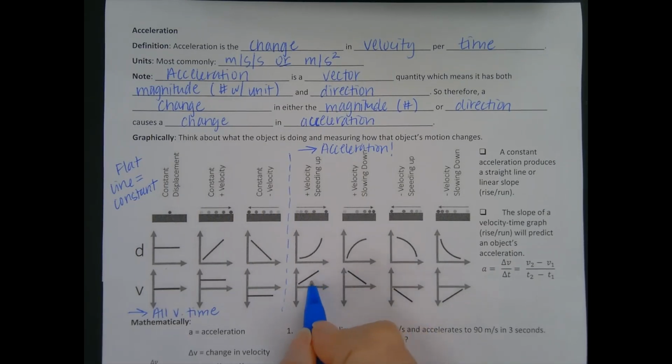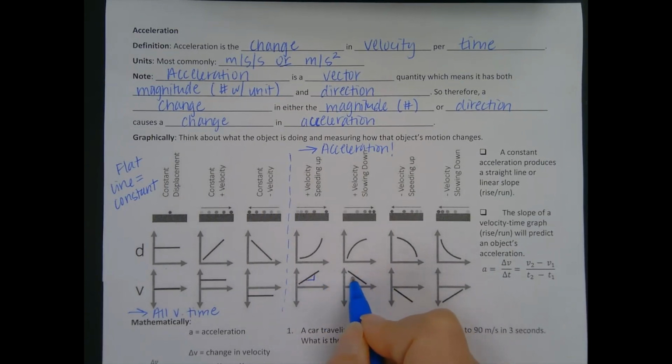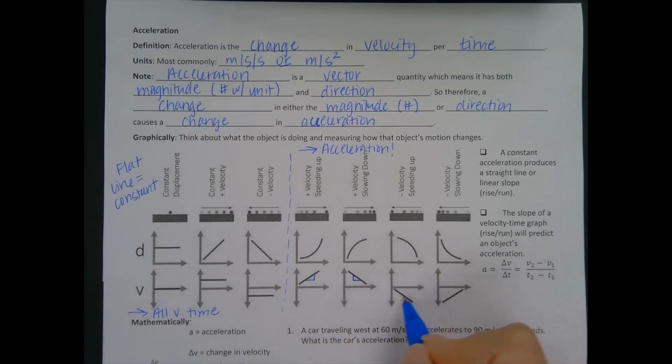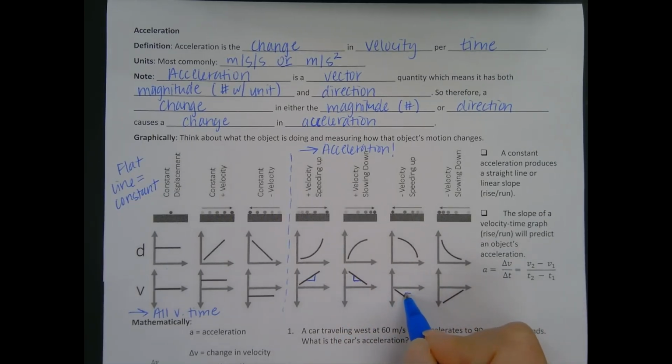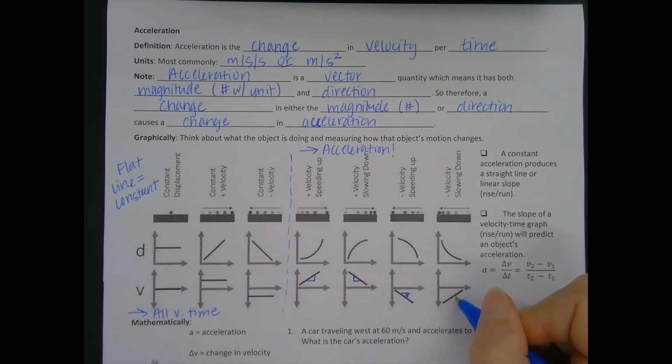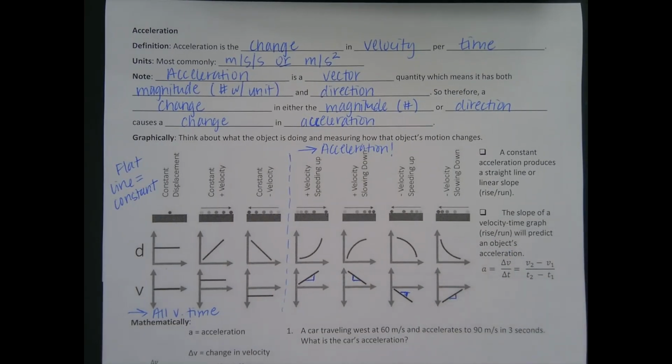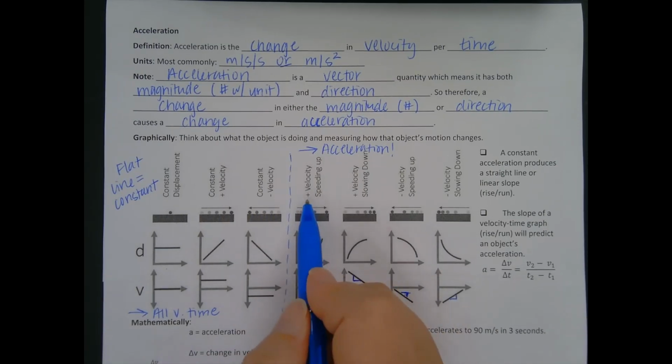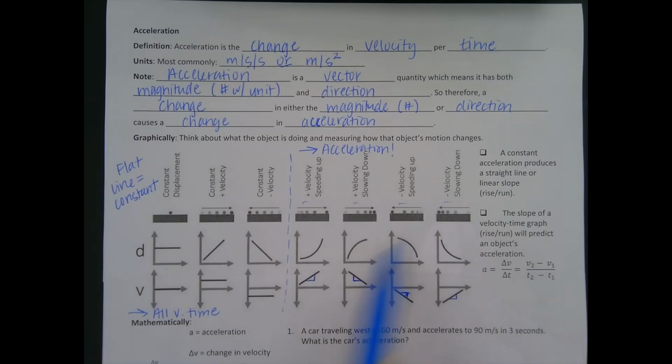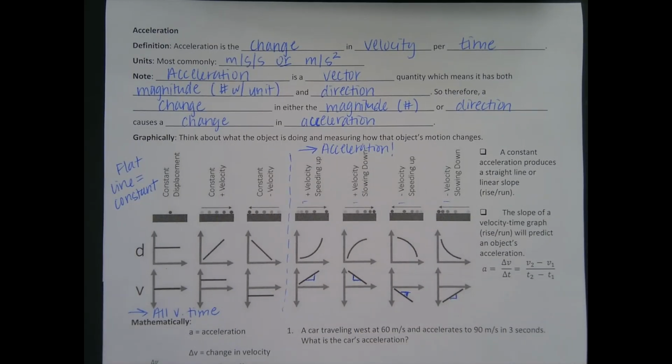You're going to be able to get a slope from this. And so the slope of these lines, we can find with just rise over run, y2 minus y1 over x2 minus x1, and that's going to give us our acceleration. So take note, there are positives and negatives in terms of our velocity. And again, that's because we either have a change in our magnitude or a change in our direction.